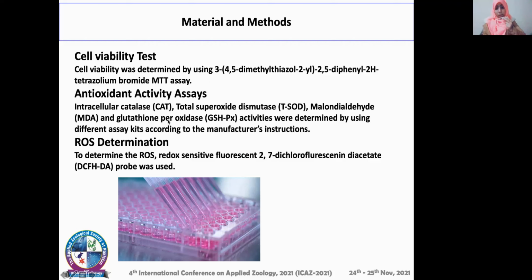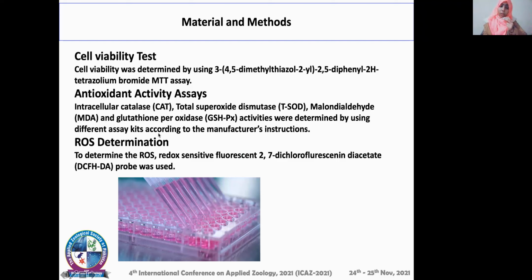Next, we determined the antioxidant activity of HepG2 cells grown in different concentrations of astaxanthin, and we used intracellular catalase, total superoxide dismutase, and we determined malondialdehyde content and glutathione peroxidase activities.